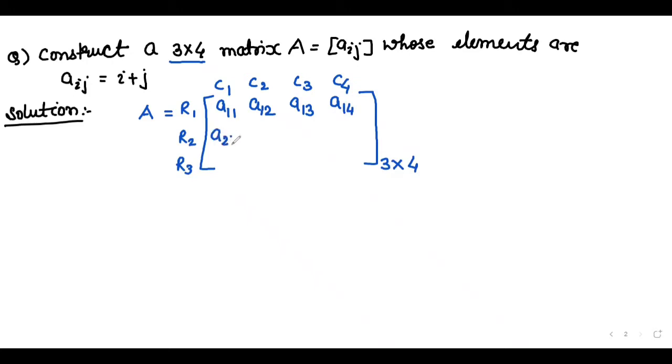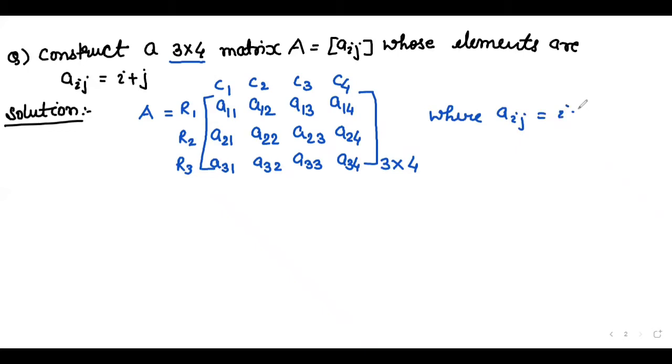Row 2: A21, A22, A23, A24. Row 3: A31, A32, A33, and A34. The pattern is Aij equals i plus j, so one by one we'll find the elements.